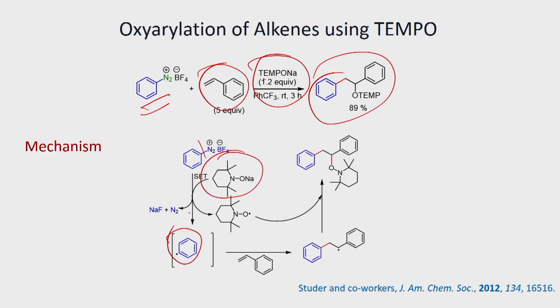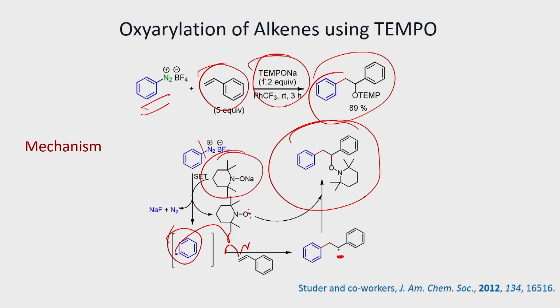Once it converts into the phenyl radical, and you have the TEMPO, it can undergo addition reaction, and you will have this radical. This radical can be trapped by TEMPO. This way you will be able to form this addition product. This clearly shows that the reaction involves a radical pathway.